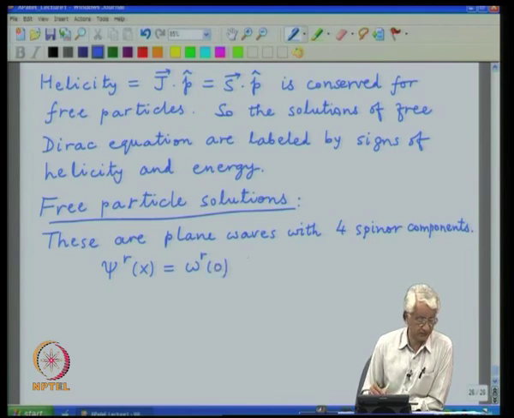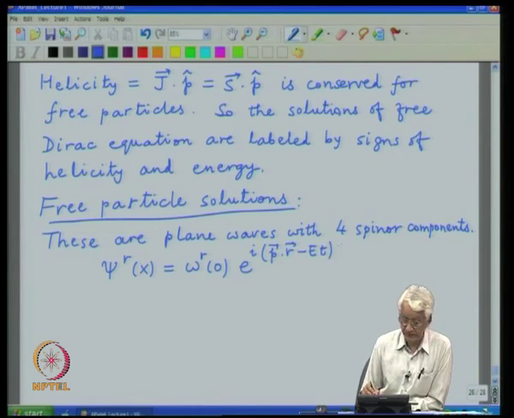This index is the spinor index, multiplied by the explicit space-time dependence, which we know for plane waves is p dot r minus E times t divided by h cross, and r has now the 4 values.